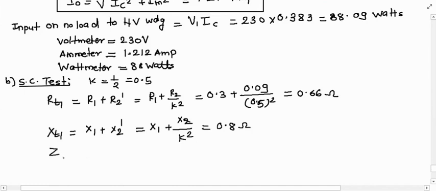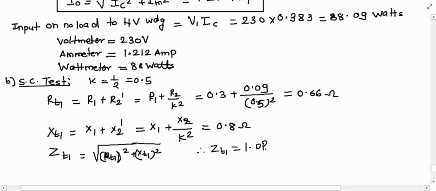So what is my ZT1? It is nothing but equal to RT1 square plus XT1 whole square. So therefore students, you will get ZT1 equal to 1.037 ohm. Please calculate it and check it.